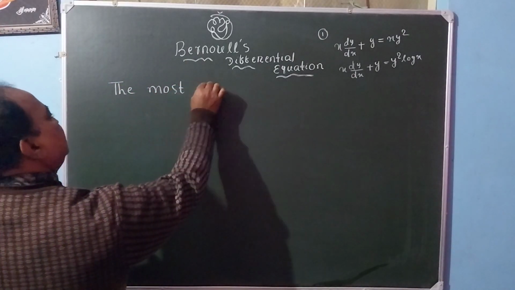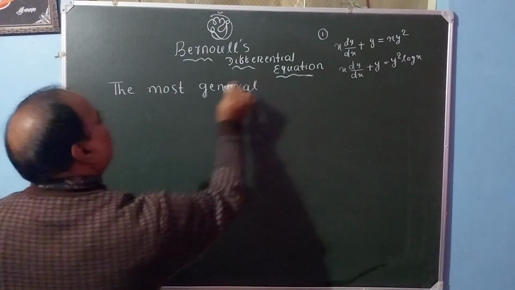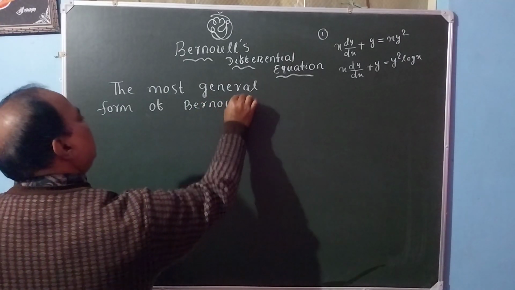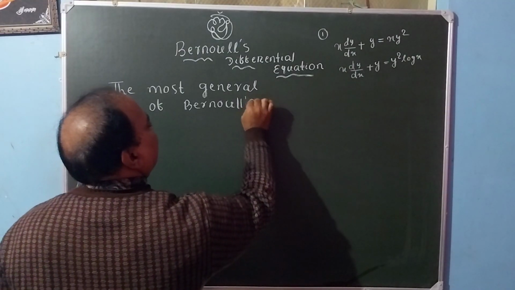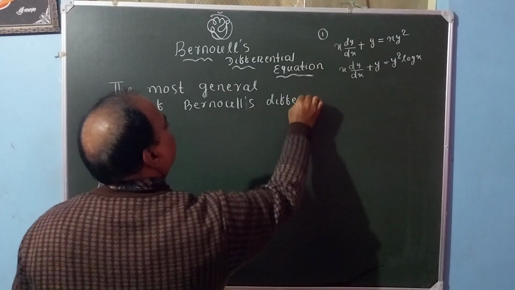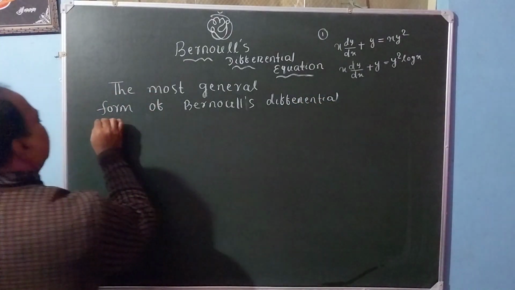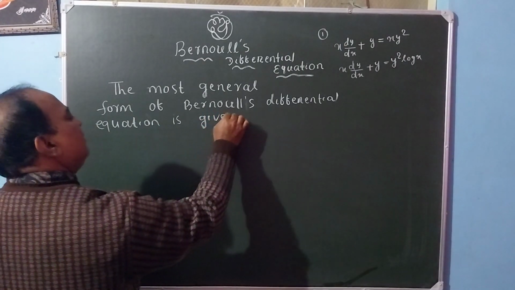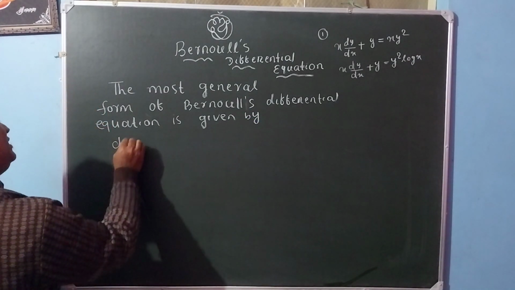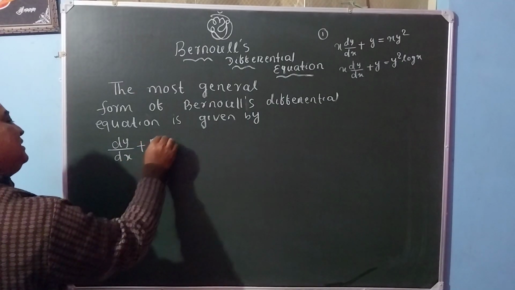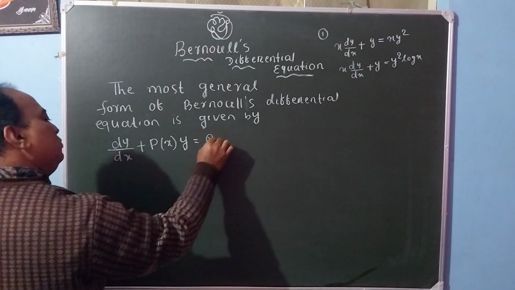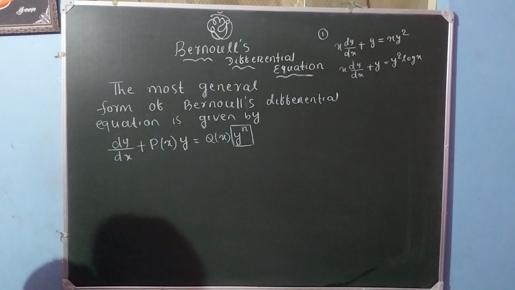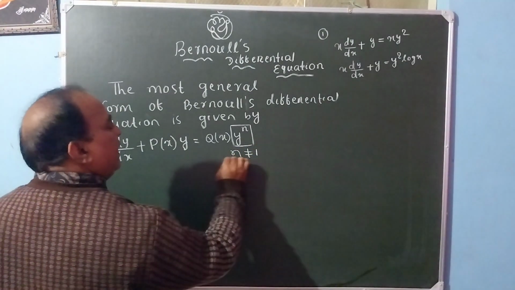The most general form of Bernoulli's differential equation is given by dy/dx plus p(x) into y is equal to q(x) into y to the power n, provided n is not equal to 1.